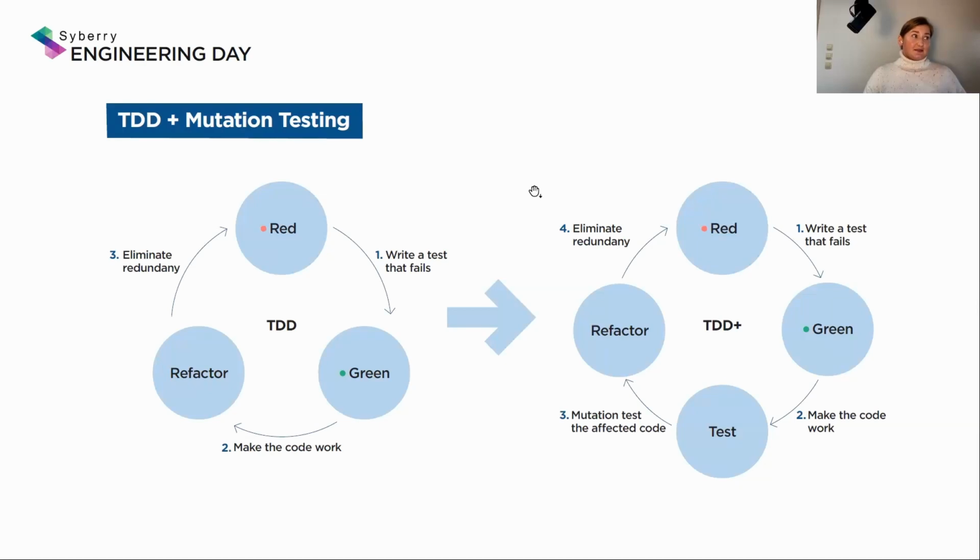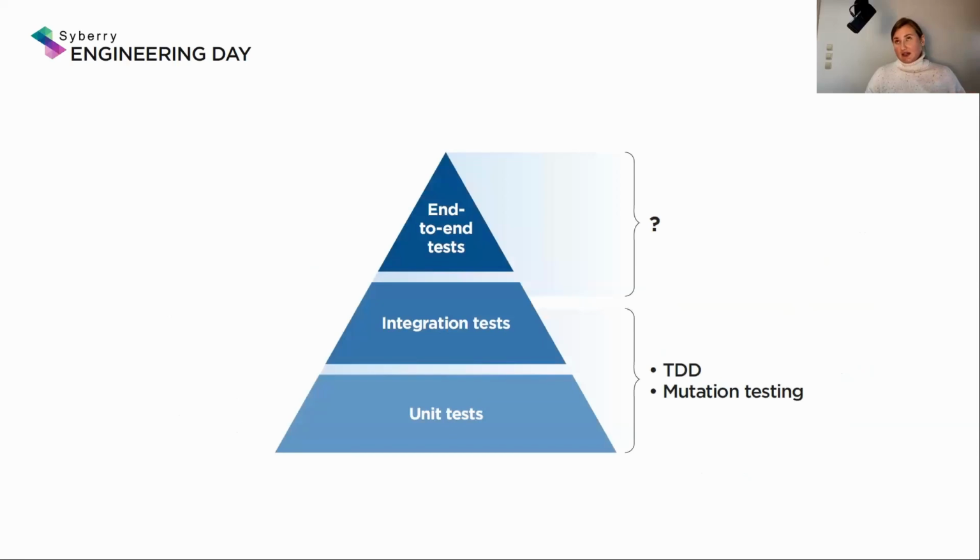Again, both test-driven development and mutation testing are really nice tools, but they work mostly with unit tests. And as software quality engineers, we more often work with higher-level tests. We would like to ensure that our end-to-end tests and acceptance tests are functional and correct as well. And how can we do this?